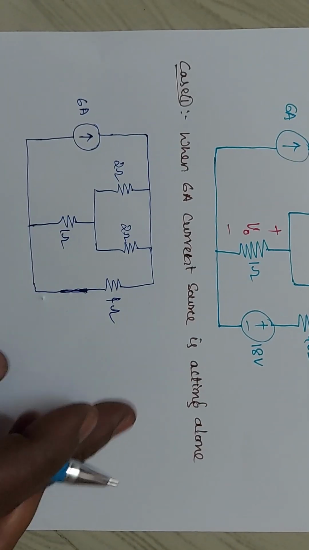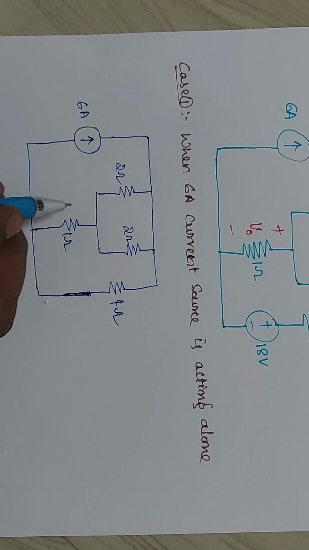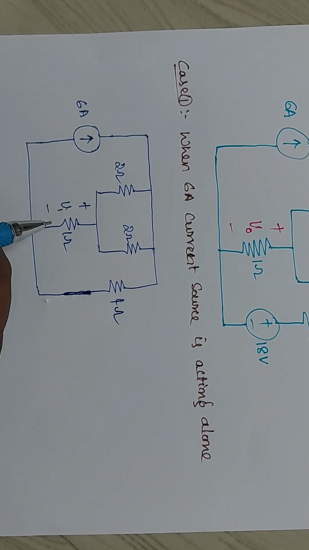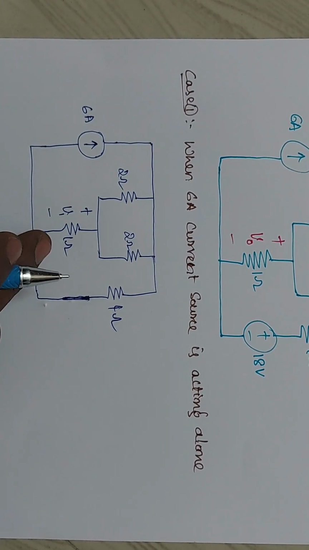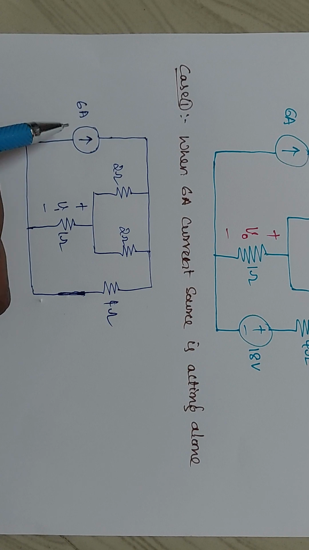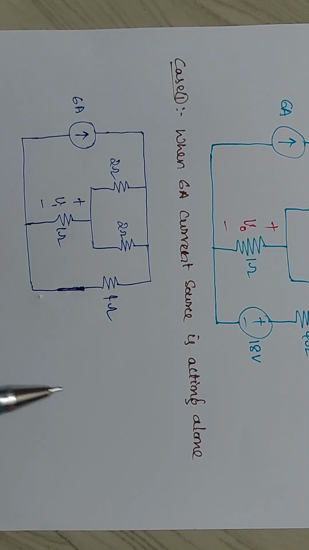Now where are they asking for the response? They are asking for the response here. This is V1. V1 means I am considering this as the first response due to the 6 amperes current.